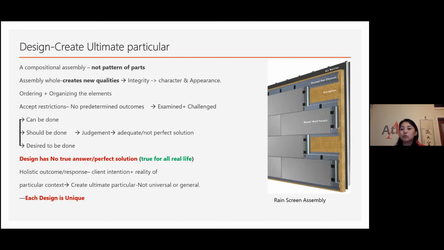There's never a perfect solution. I think that's like anything in real life. In real life, there's no perfect solution. Only in academia do we have this exact answer. So we get a holistic outcome that responds to the client's intention and the reality of the particular context, creating an ultimate particular that's not universal or general. That means every design is very unique.